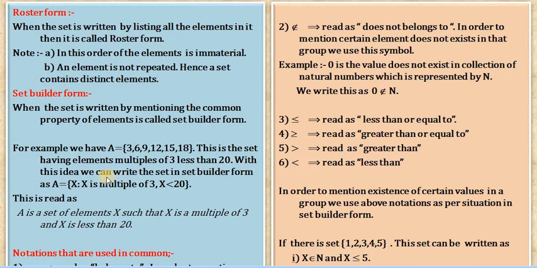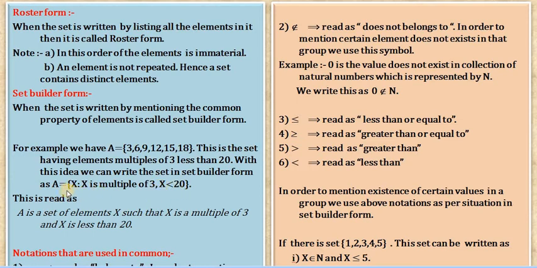So with this idea we can write the set in set builder form as A is equal to curly bracket x double dot x is a multiple of 3 comma x less than 20.